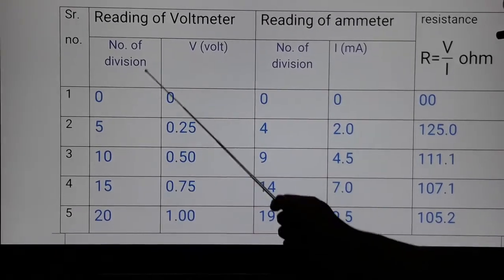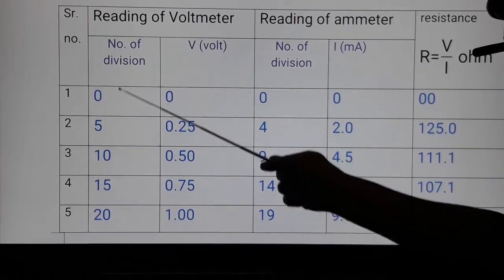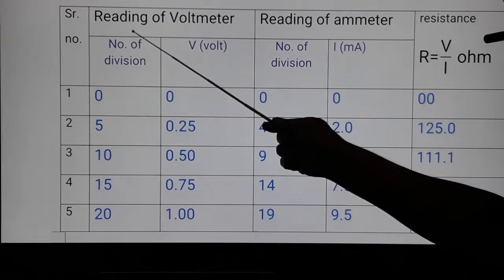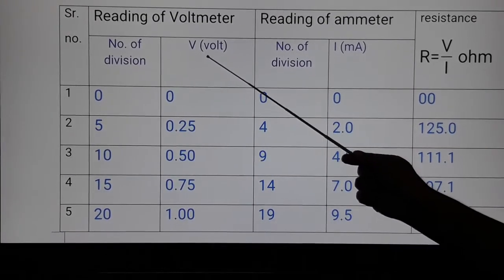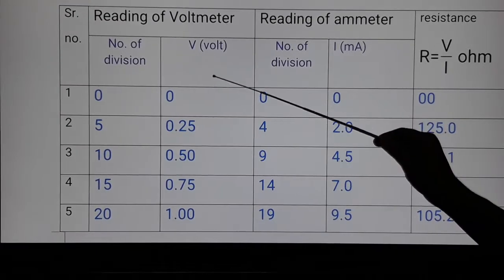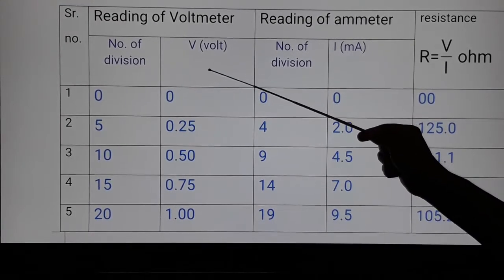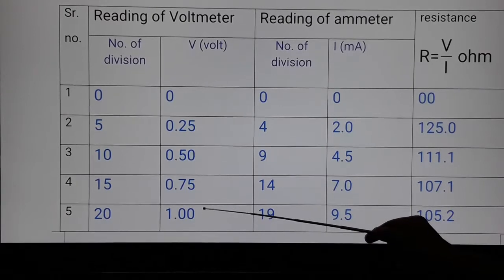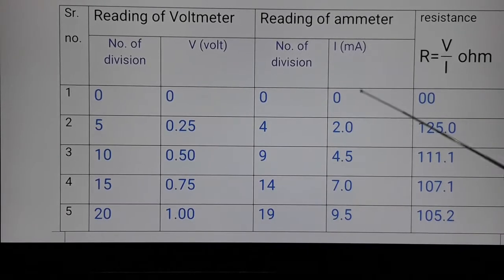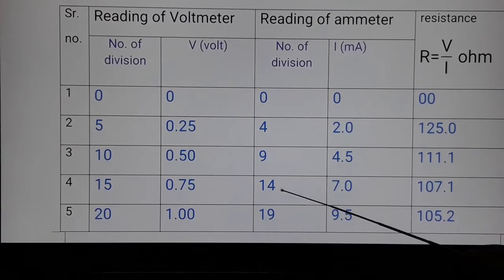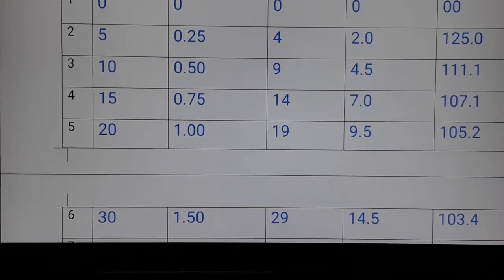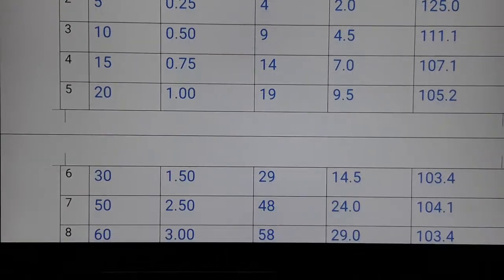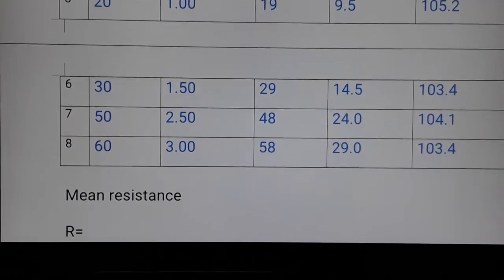For simplicity, we take the number of divisions in the voltmeter and ammeter, and then multiplying by their least count, we get the exact value of volt and current. So this is your observation table.